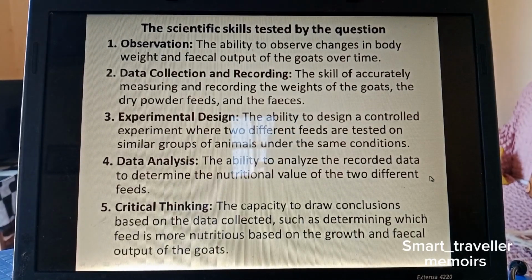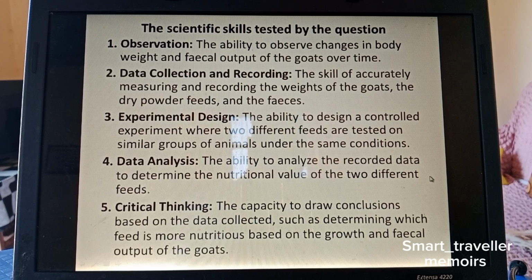So, I've already talked about this, that the scientific skills being tested by this question were observation, the ability to observe changes in body weight and fecal output of the goats over time, data collection and recording, the skill of accurately measuring and recording the weights of goats, the dry powder feeds and the feces, experimental design, the ability to design a controlled experiment where 2 different feeds are tested on similar groups of animals under the same conditions, and data analysis, the ability to analyze the recorded data to determine the nutritional value of the 2 different feeds.